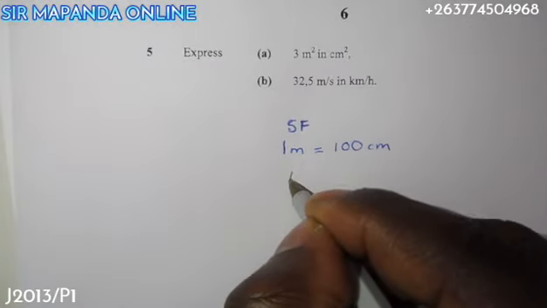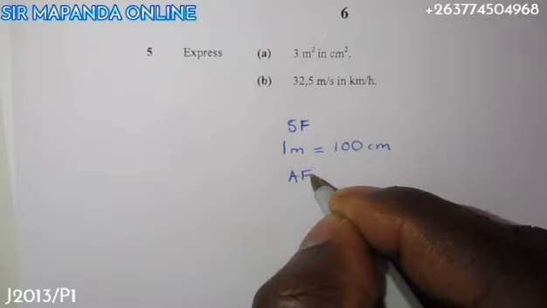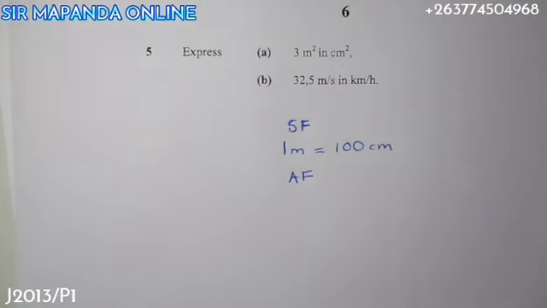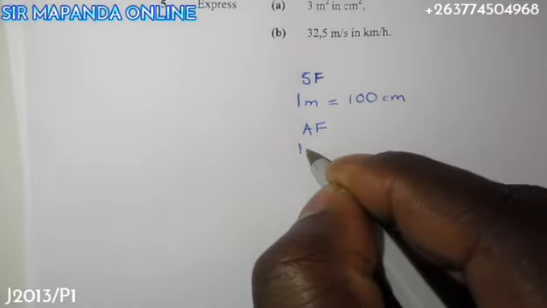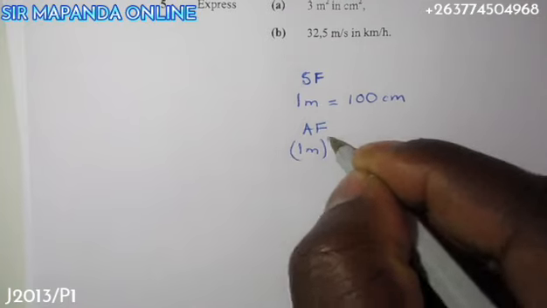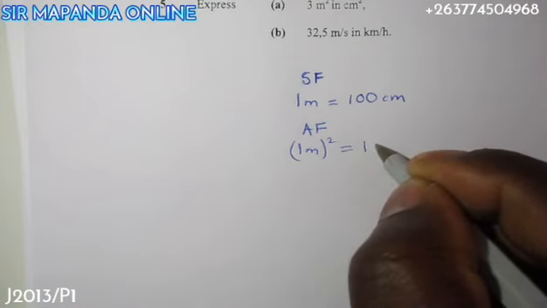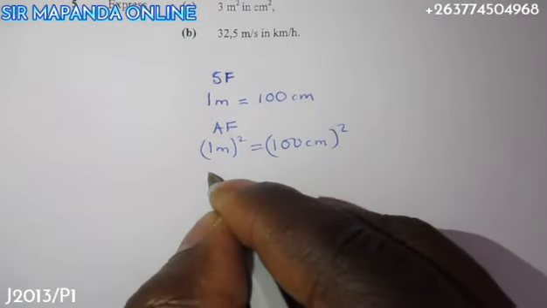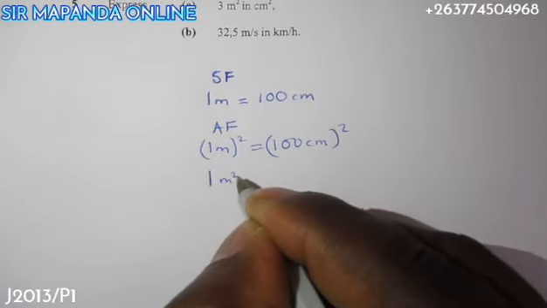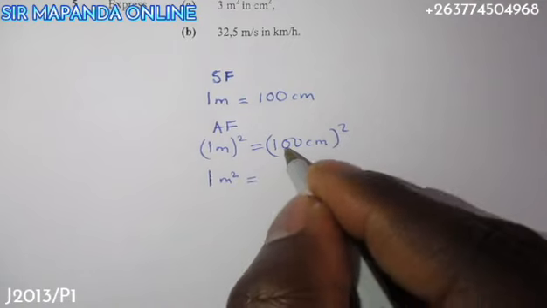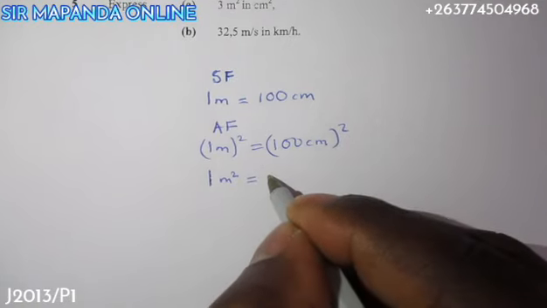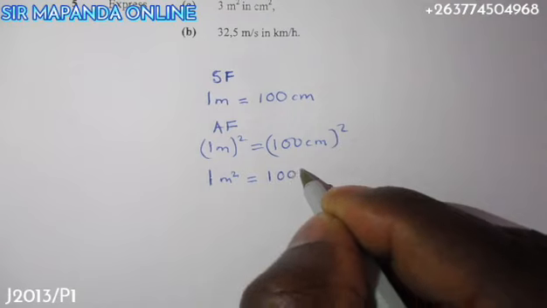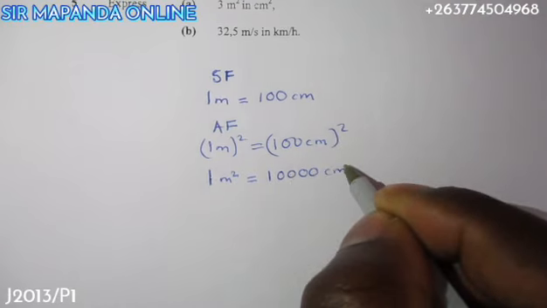Then you convert the scale factor into area factor. This is achieved by raising the scale factor to the power 2 both sides. You now have 1 square meter is equal to 100 squared, which is 100 times 100, so you'll be having 4 zeros, square centimeters.